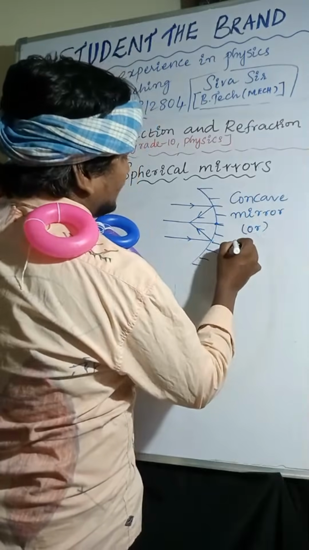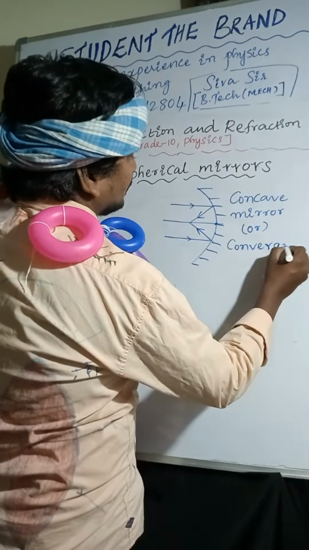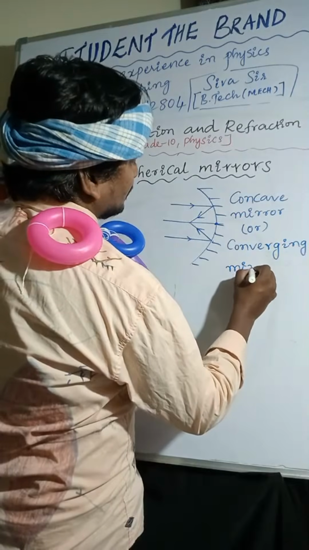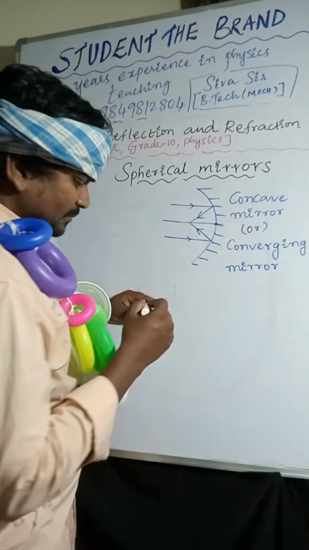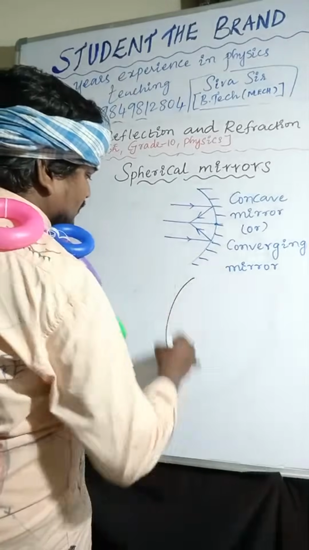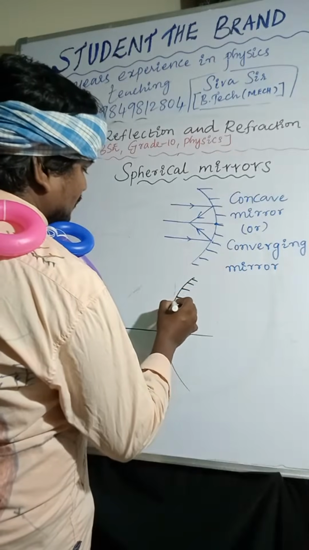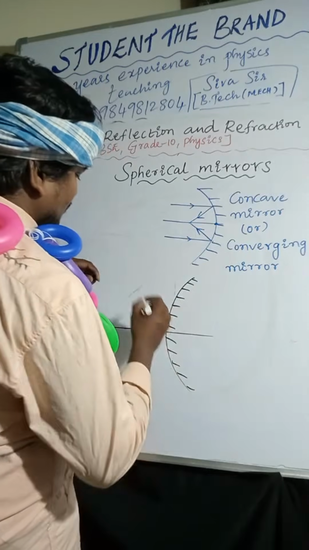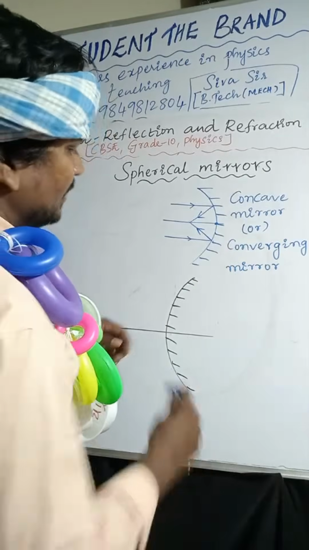The concave mirror is also known as a converging mirror. Next, the convex mirror. The convex mirror is also known as a diverging mirror.